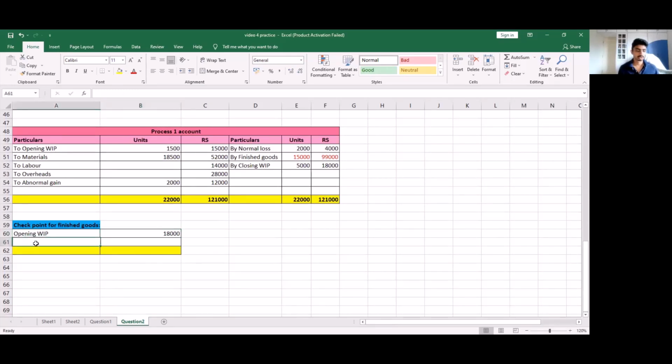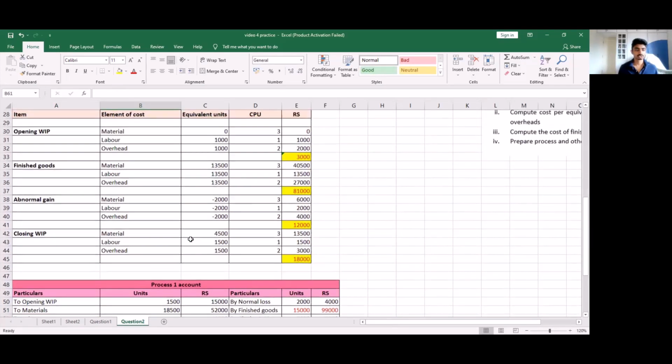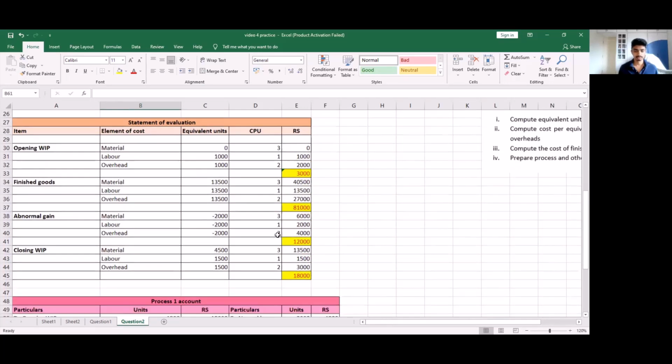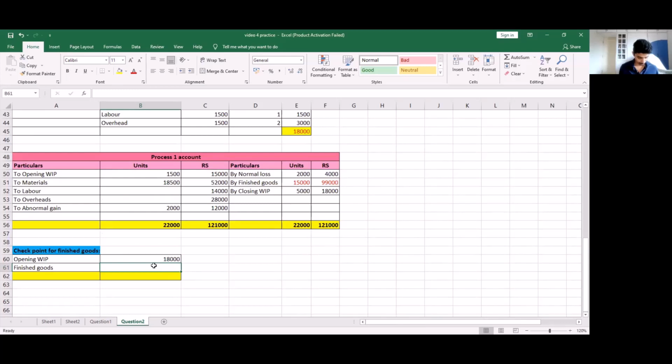Now let's go on to our finished goods. Finished goods, we take the value from our statement of evaluation and we get 81,000. Over here, let's also mention the number of units.